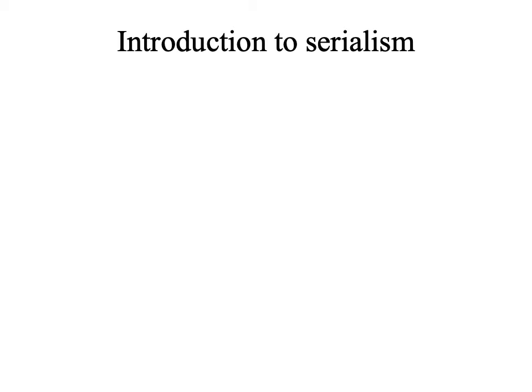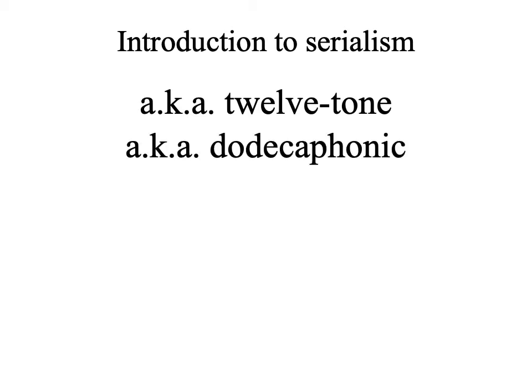But today I just want to hit the ground and talk about what we're talking about when we're talking about serialism. And what we're referring to is that thing that's also referred to as 12-tone music, or sometimes people call it dodecaphonic music, which means 12 tones. Dodeca is 12.